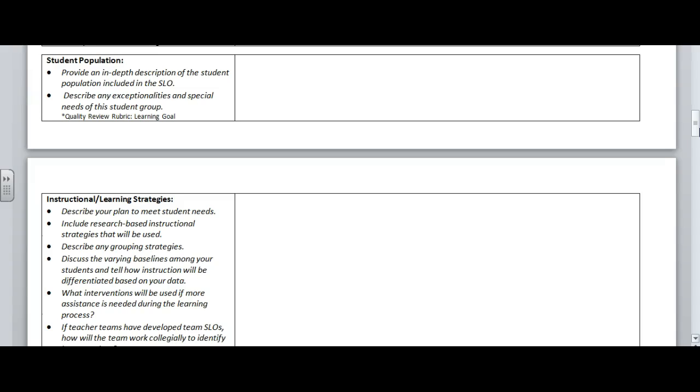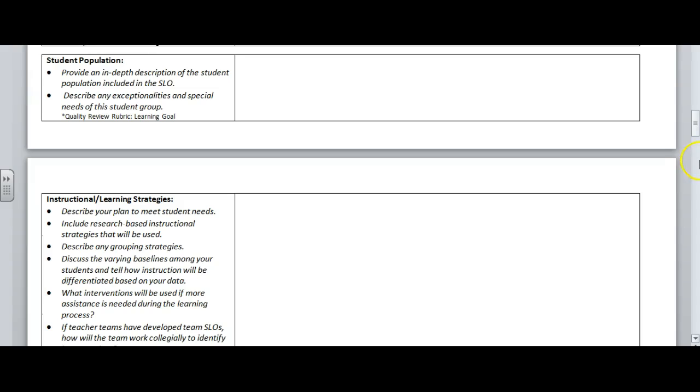If you have students who are identified gifted and talented, or students who are, for example, homebound, that would be important to mention as well. So you just mention anything that could impact the way your data will be used, anything that would describe exceptional things or special needs for your students.